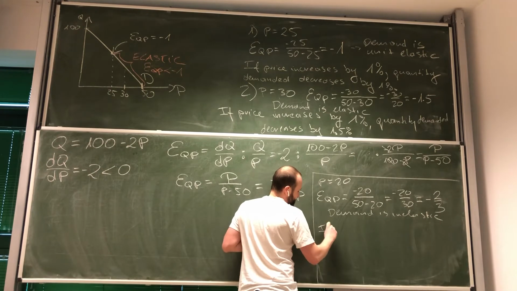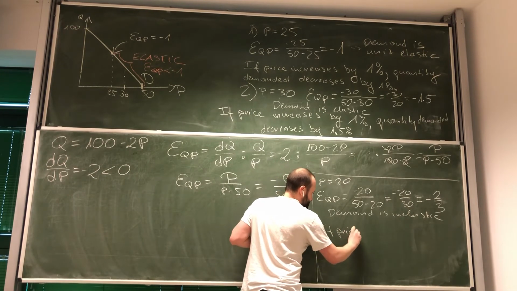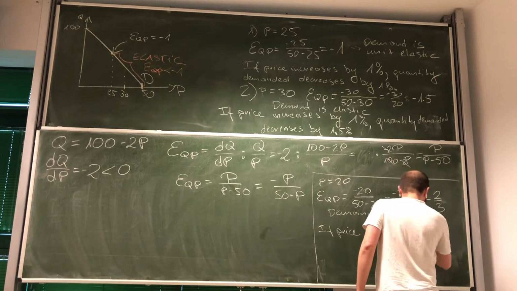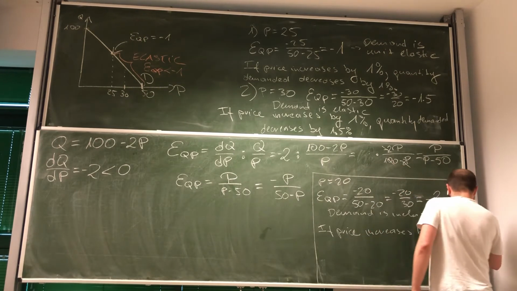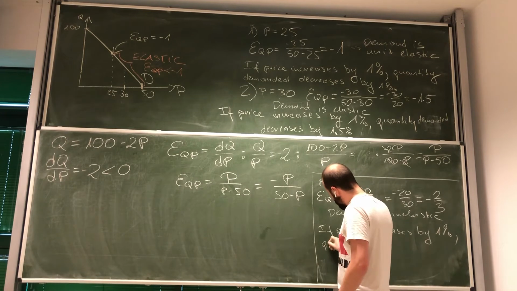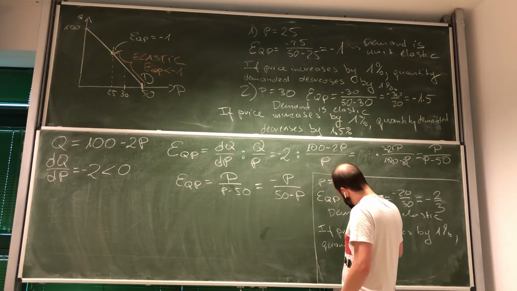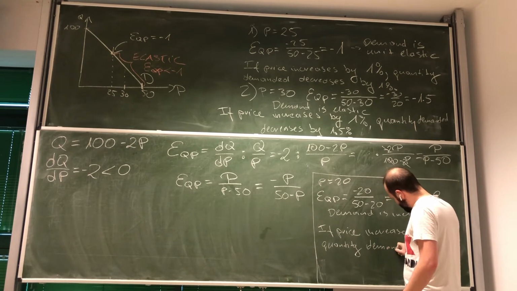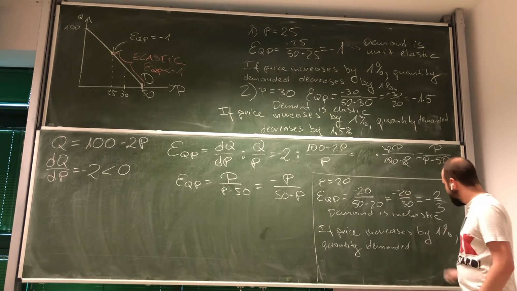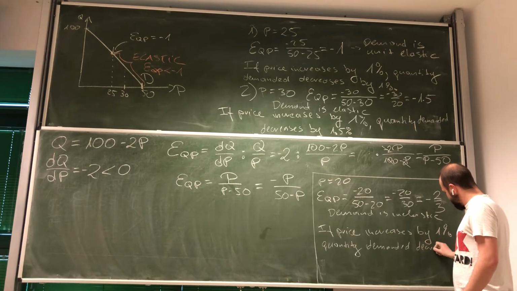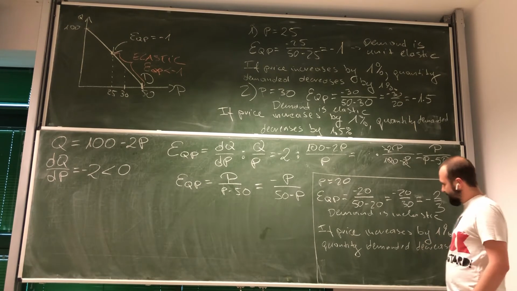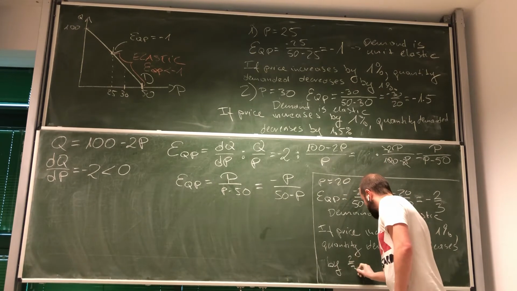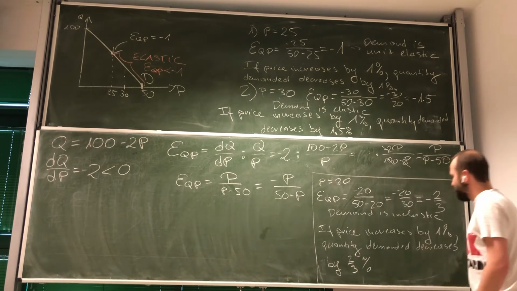Because if price increases by 1%, quantity demanded decreases by 2/3 of a percent.